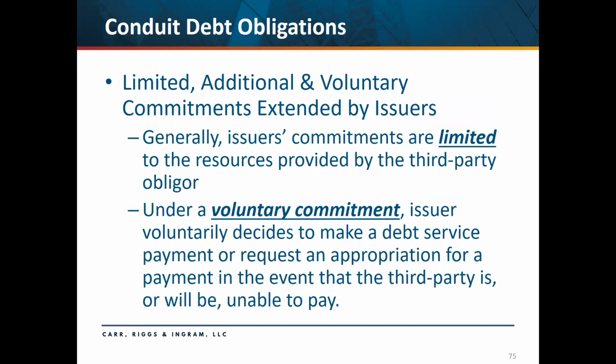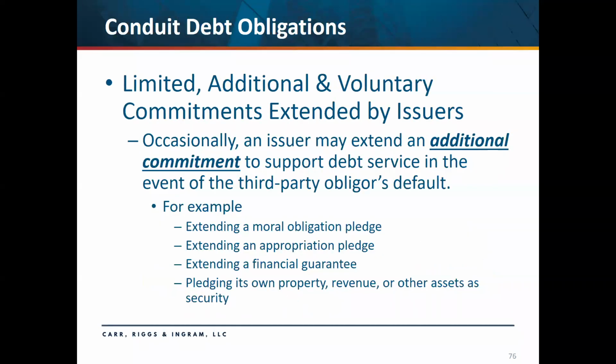Okay. And so these are important because you've got some recognition requirements as you understand the way these limited items are, or the voluntary commitments are. On this next one, I'll talk about how occasionally an issuer may extend an additional commitment to support the debt service in the event of the third party obligor's default.